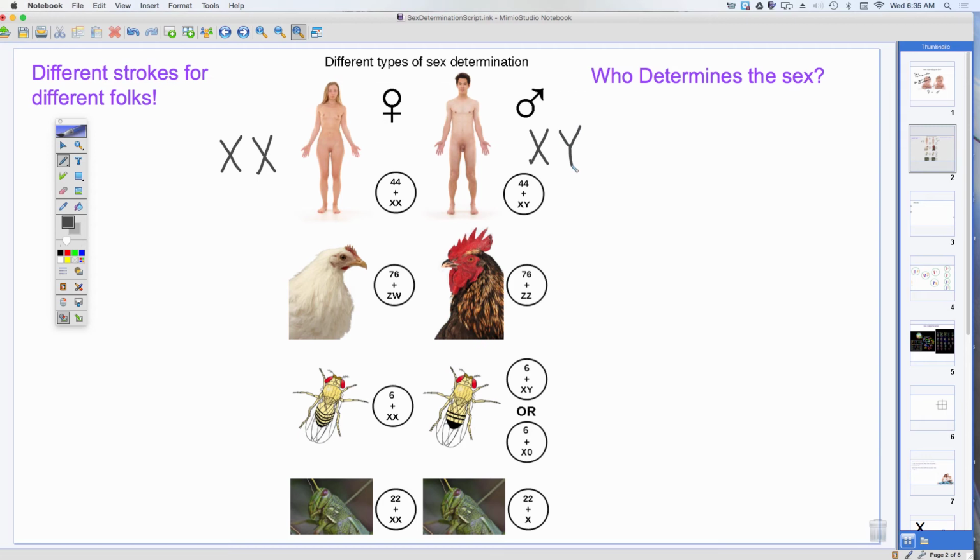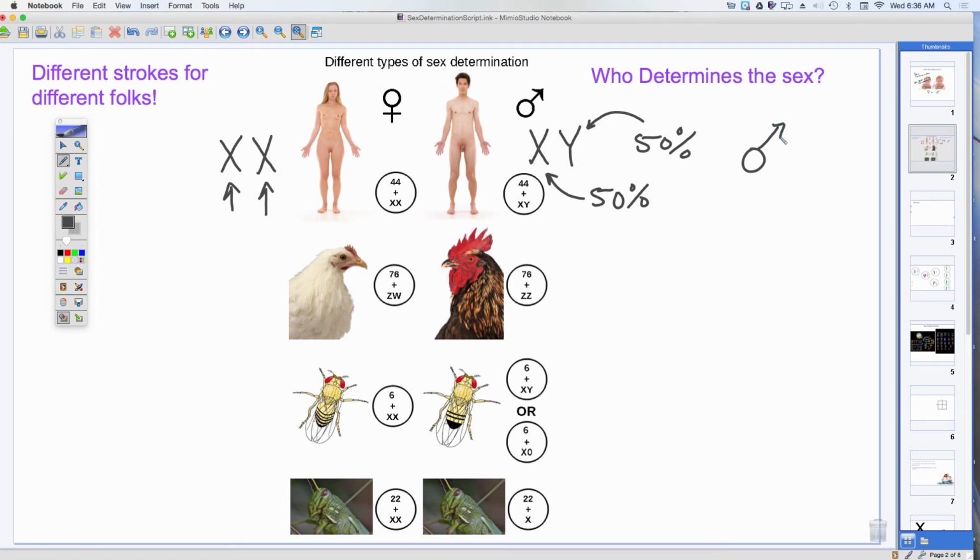And if we look at this pattern of inheritance, it turns out that females contribute an X to all of their offspring in their gametes, whereas males, 50% of their gametes contribute an X, and 50% of their gametes contribute a Y.